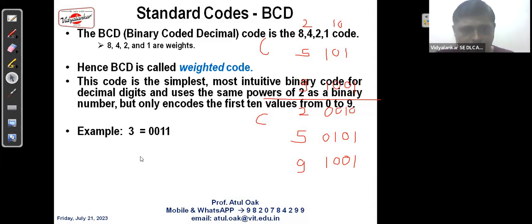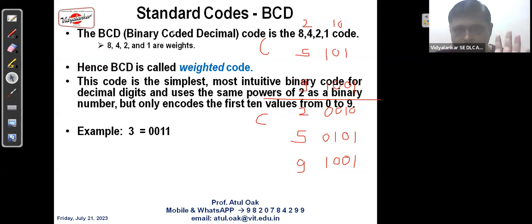See now, if I want to represent 3, then I will represent it as 0011. Why? Because actually I represent 3 as 11, but in BCD it is always represented with 4 bits, so I will add 2 bits in the MSB, so it becomes 0011.